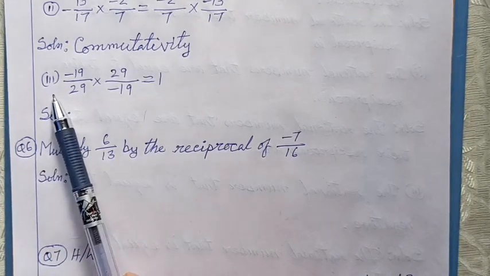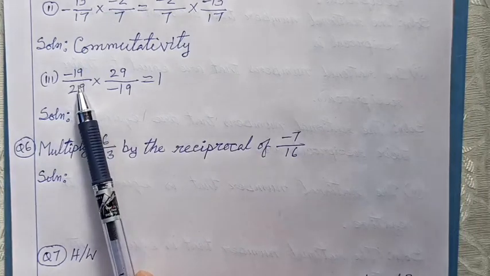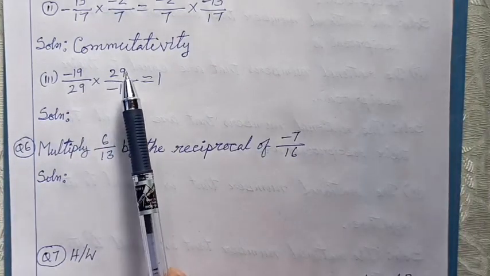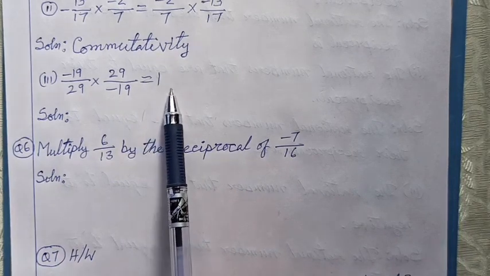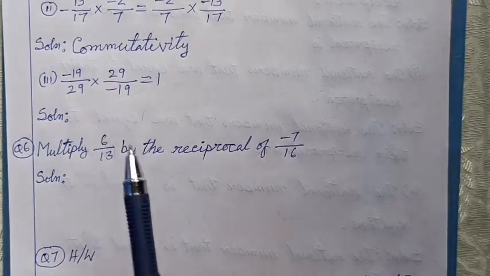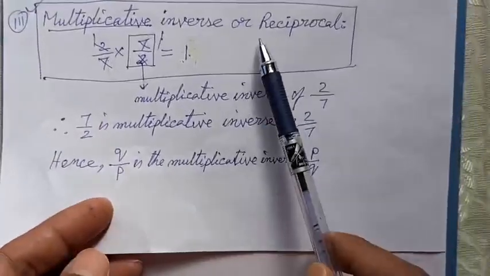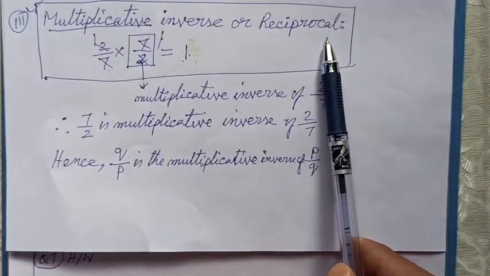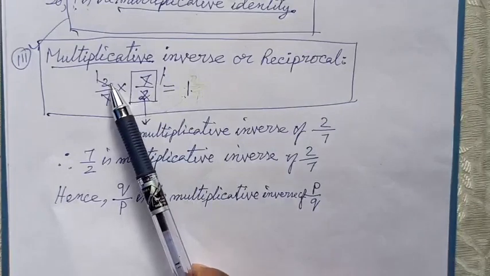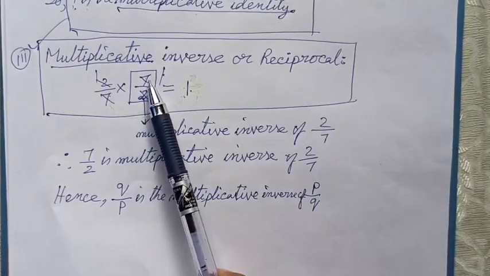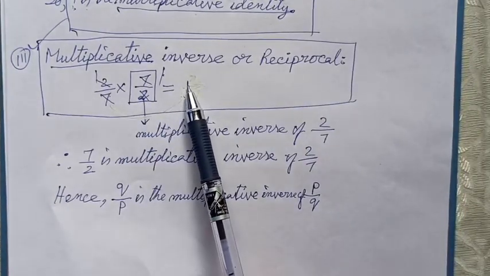Now Roman number 3, minus 19 by 27 into minus 29 by minus 19 is equal to 1. If we remind ourselves of the multiplicative inverse or reciprocal property, here we see that 2 by 7 into 7 by 2 is equal to 1.